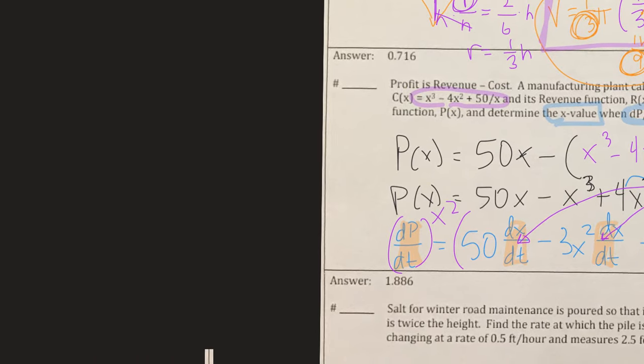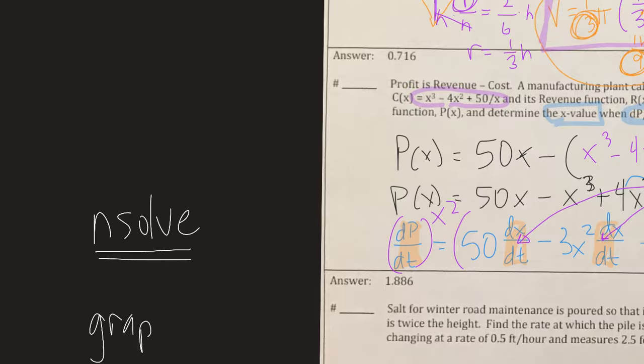And then if you have a TI Nspire, once you get your equation down as much as you can, just use NSolve. Okay, NSolve is the best way in a TI Nspire to solve an equation. If you know how to do that. If not, there are lots of videos on TI's website about using NSolve. Or you can use the graphing part and graph the equation and see when it equals 0.